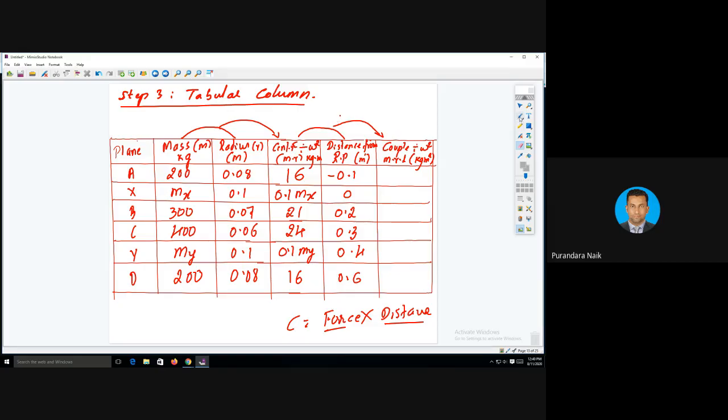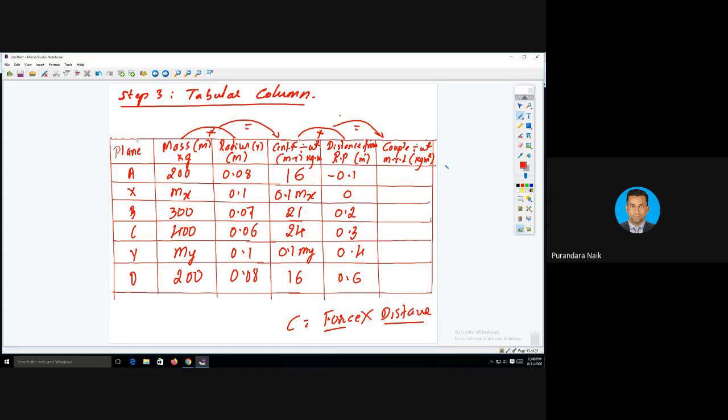Remember, this is multiplication, this is also multiplication. It is simple multiplication. Multiply this and this, we'll get the answer of this one.